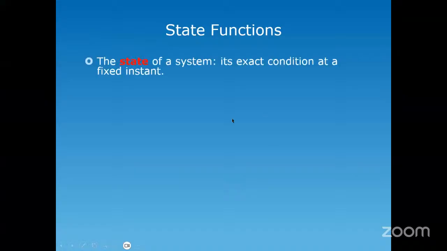Now at this juncture, I want to introduce something that I'm quite sure you have not met before, this whole concept of state function, right? So I'm quite sure by now, based on your previous experience, you have heard of the term state referring to the different phases of matter, solid, liquid, and gas, right?